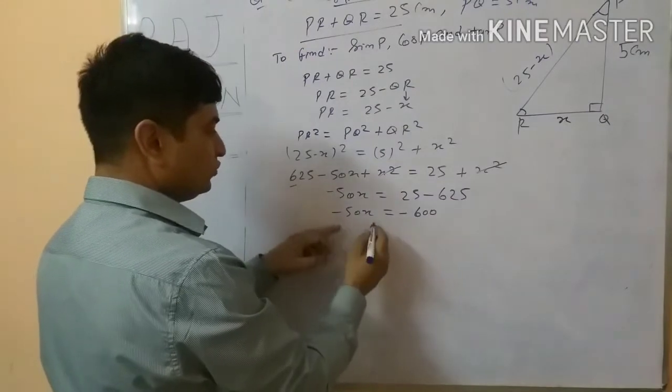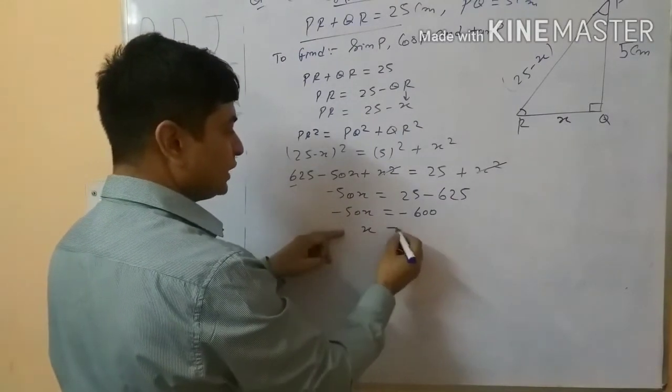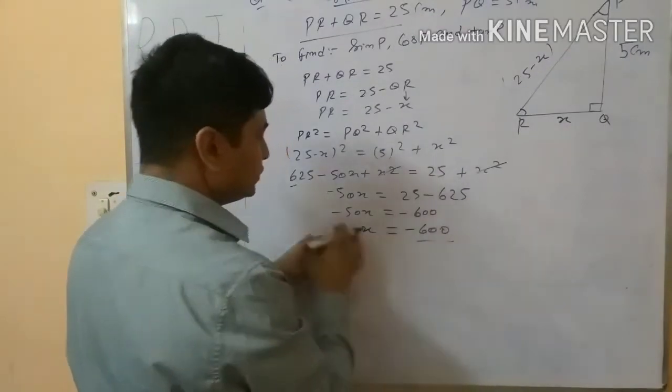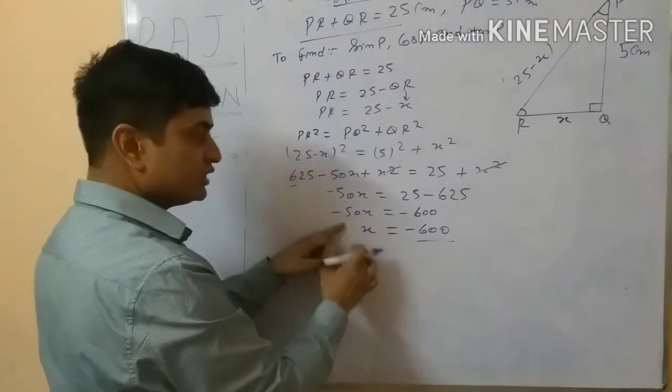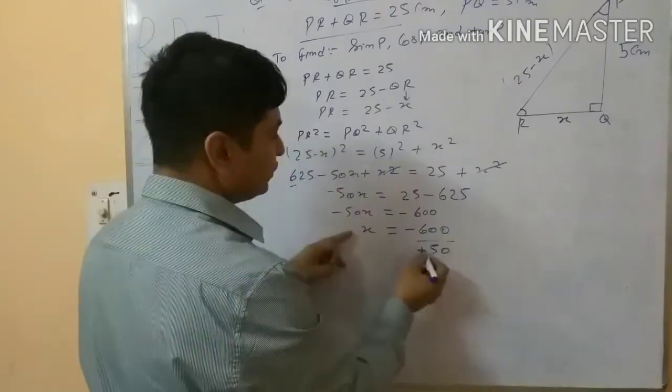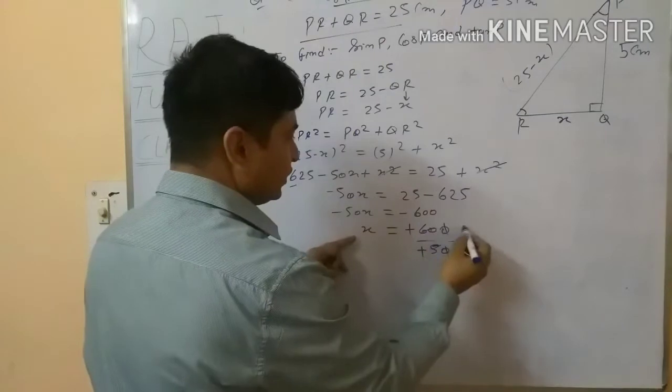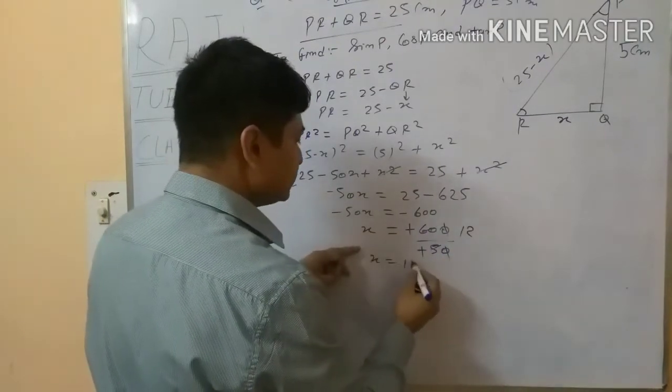So I have to find x. So keep x here and transfer all these things rightward. Negative sign will cancel with negative sign, 0 will cancel with 0, and that will become 12. So x is equal to 12.